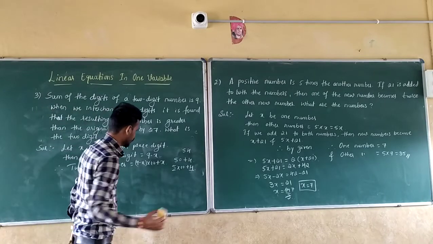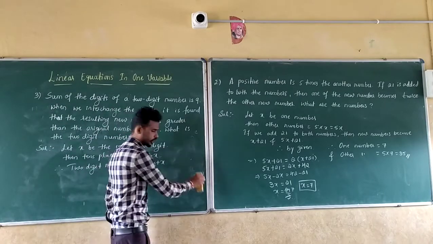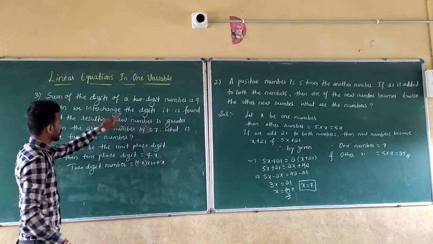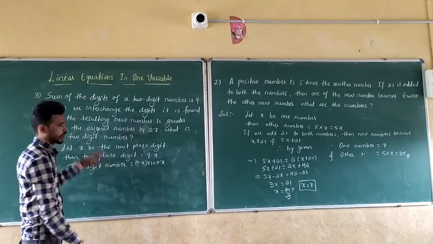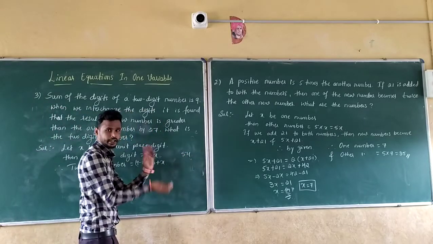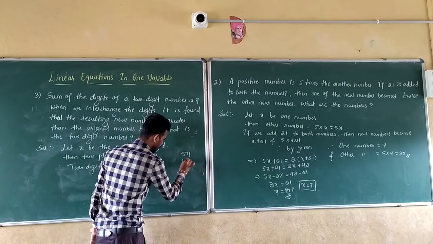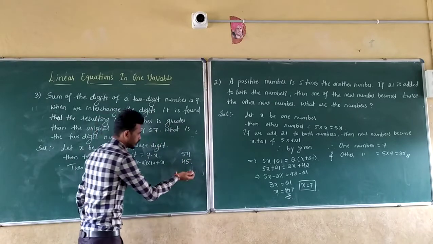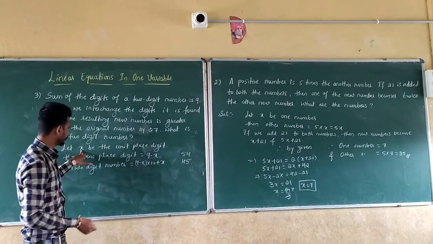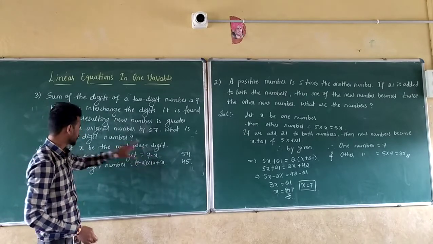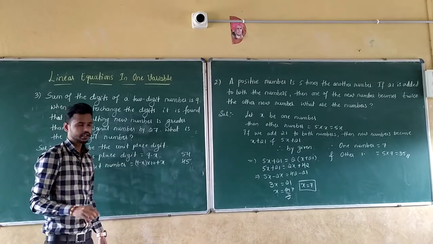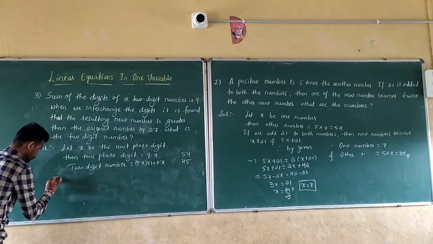So now again they have given some information. See here, if we interchange the digits, it is found that... interchange means here the number is 54 and interchange gives 45. Interchanging the digits means the unit place goes to the tens place and the tens place goes to the unit place. Then what do you get as the two-digit number? Write that.